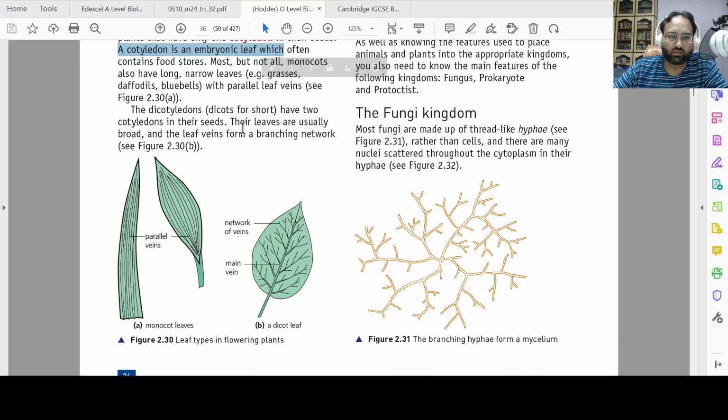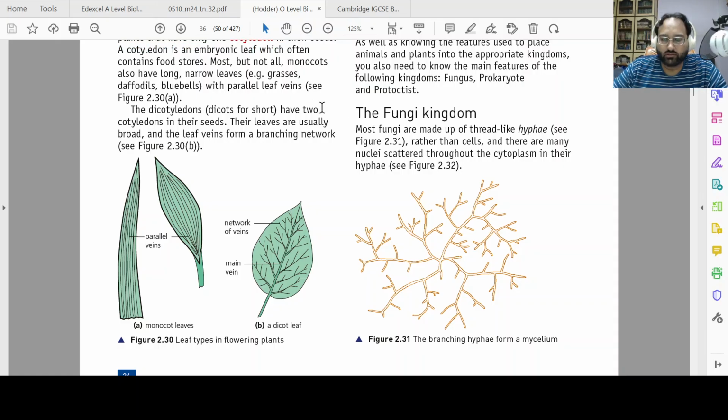A dicot has two. Okay, so it says that in dicots it's in their seeds. So inside the seeds there are leaves that contain food. Yes, so as I said, this will make more sense when we get to the chapter where we talk about reproduction in plants. Okay.